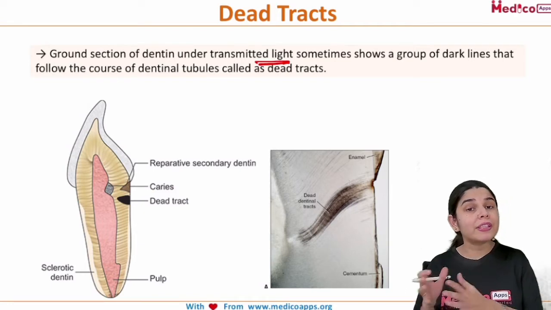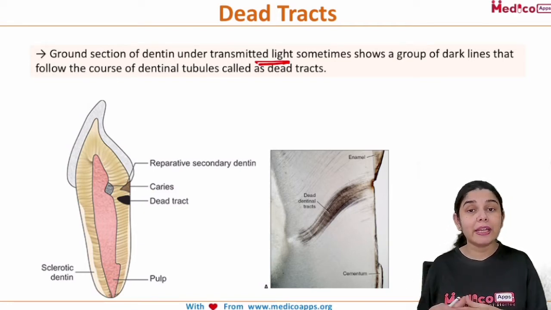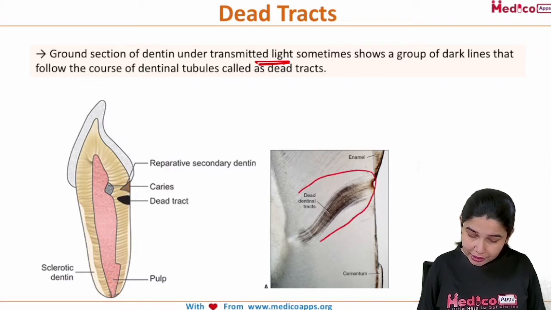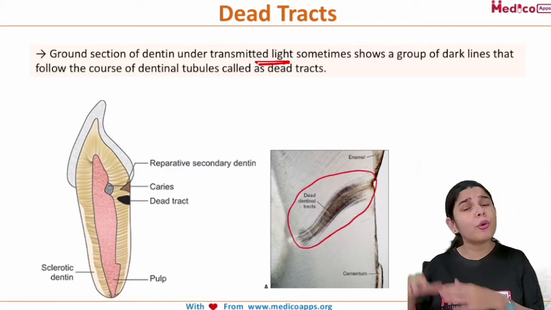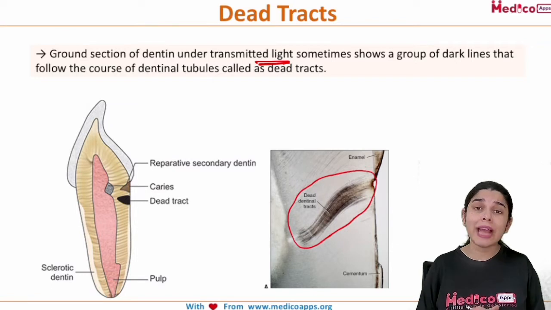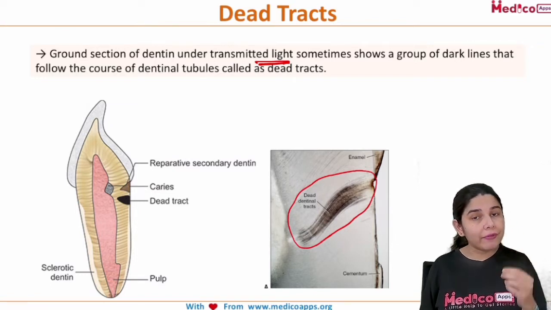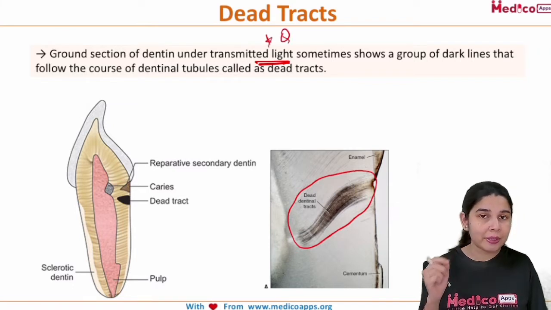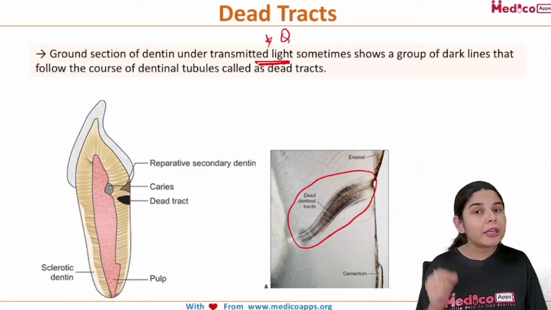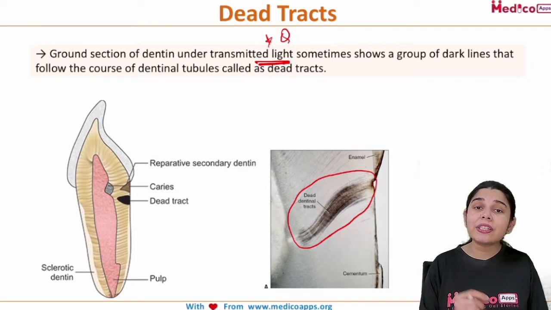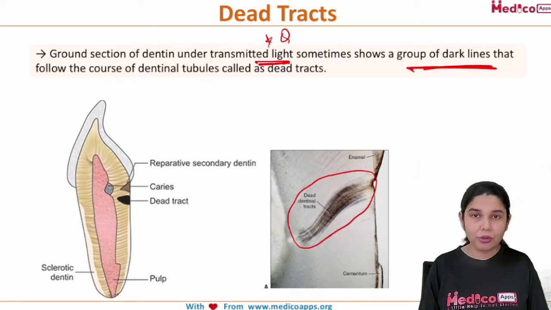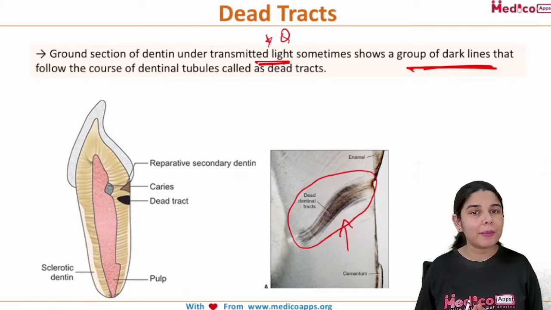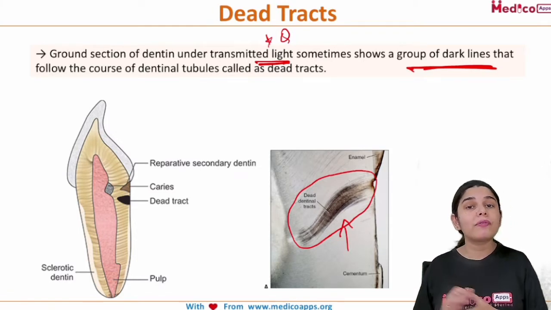Now when we see it under the transmitted light, sometimes we can see a group of dark lines which follows the course of the dentinal tubules, which are known as dead tracts. This is a key point, do remember this. Under transmitted light, we see a group of dark lines, as you can see in this image, which follow the course of dentinal tubules.